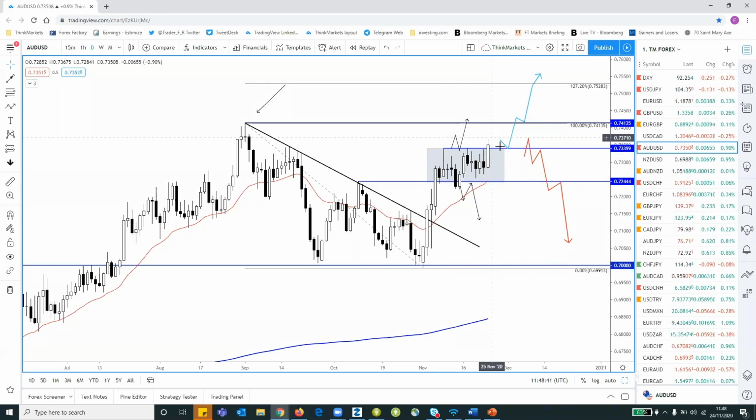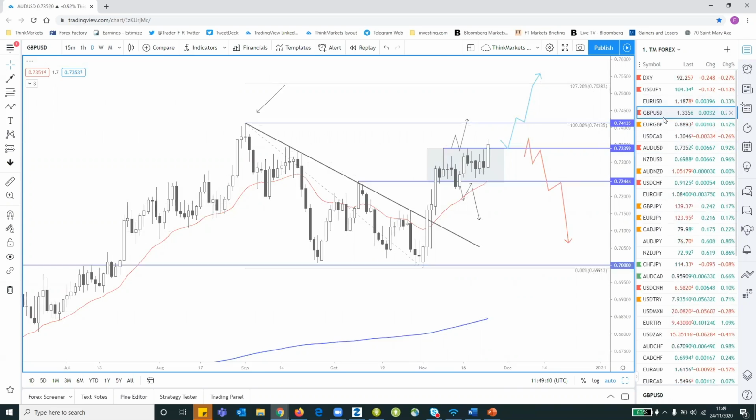But the base case scenario is that it will most likely go higher because of the ongoing positive sentiment towards risk assets, and the current trend is bullish. So we prefer to go with the trend, and my preference is the bullish story rather than the bearish story. So some of the other markets that are trending similarly are the pound against the dollar.